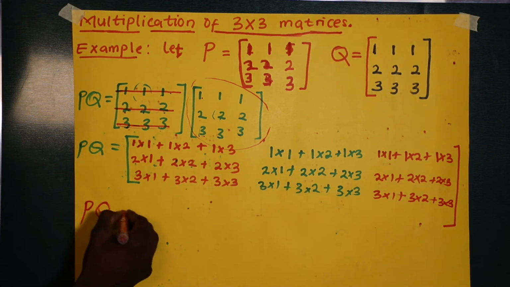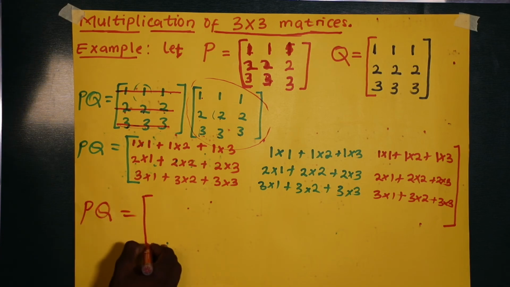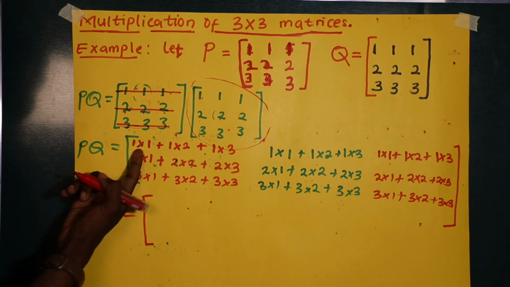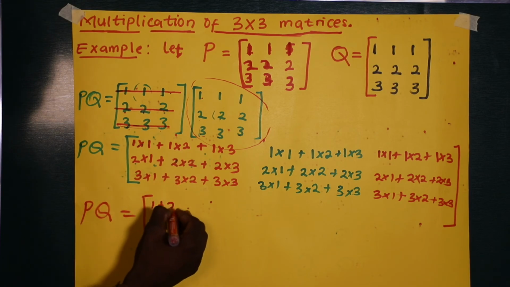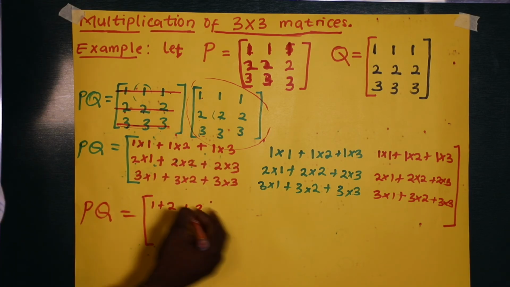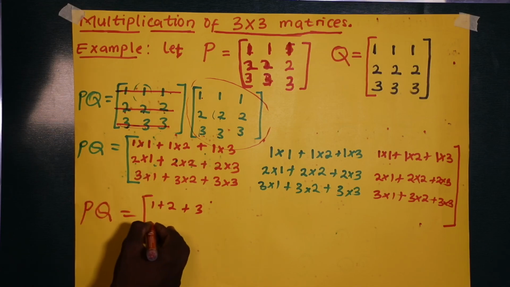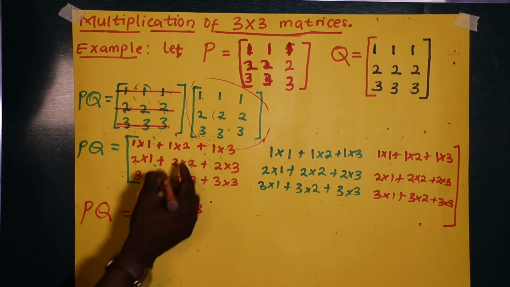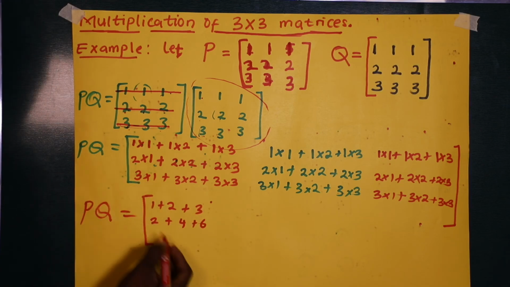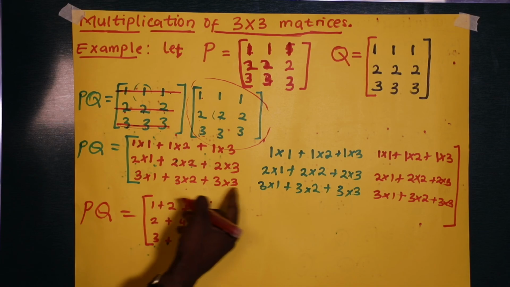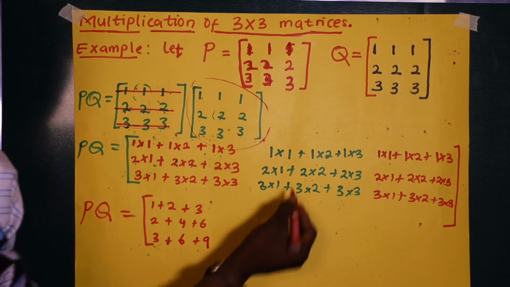Matrix PQ will be equal to 1 times 1 is 1, plus 1 times 2, 2, plus 1 times 3, 3. 2 times 1, 2, plus 2 times 2, 4, plus 2 times 3, 6. 3 times 1, 3, plus 3 times 2, 6, plus 3 times 3, 9.